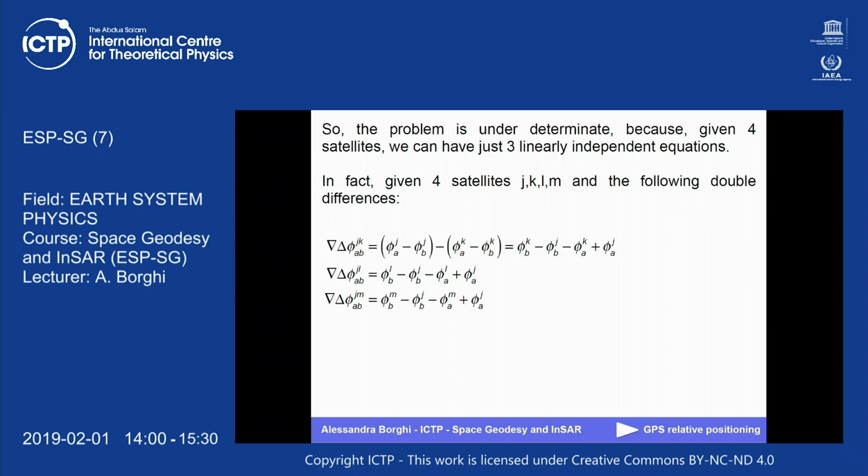In fact, we can try to compute this. With the receivers A and B, we can compute these double differences using the pairs J and K, J and L, and J and M, as pairs of satellites.